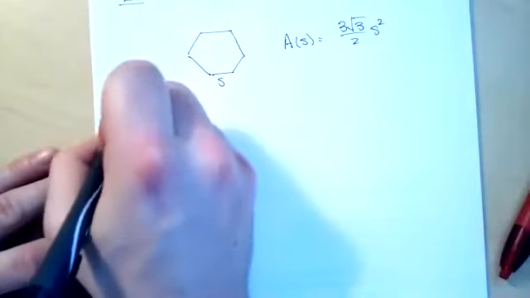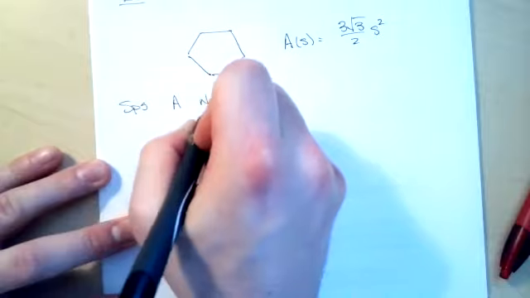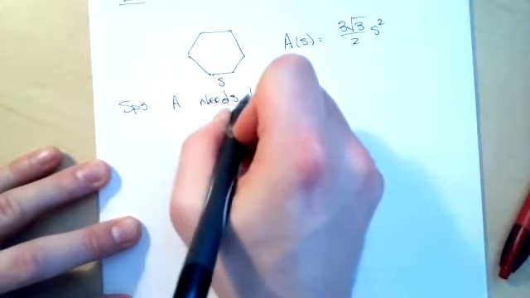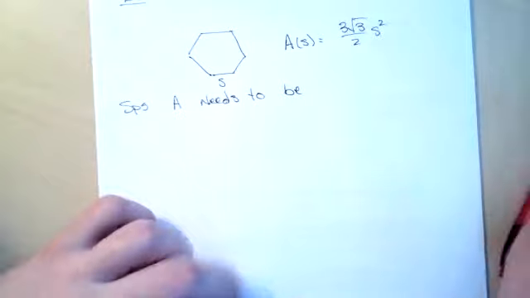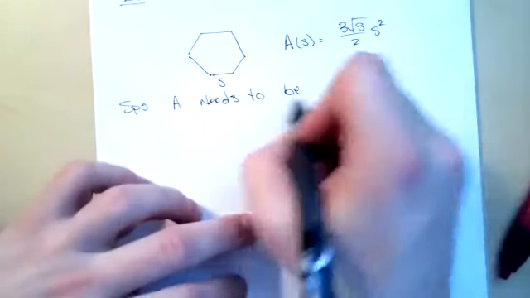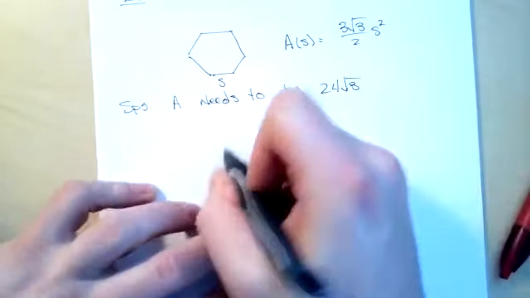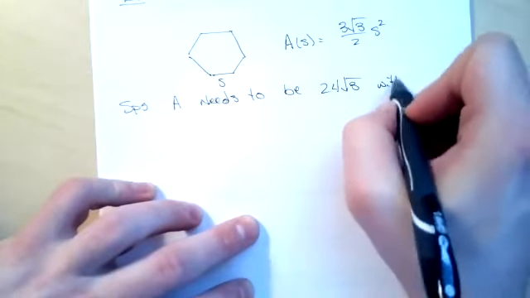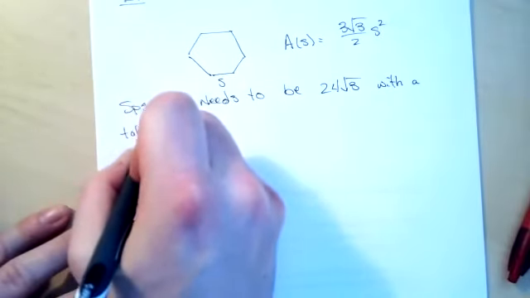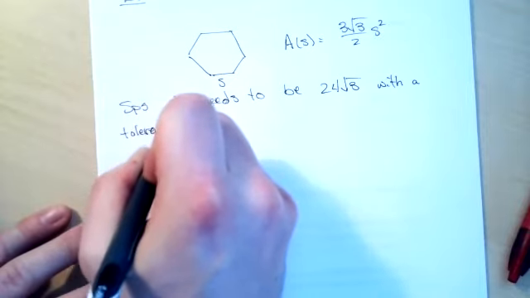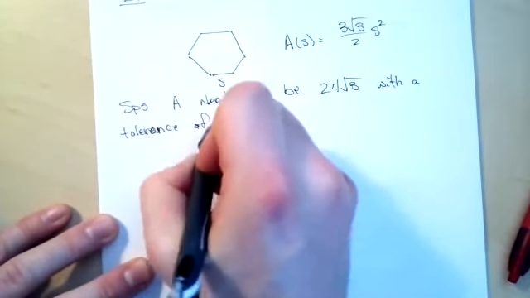Suppose that our area needs to be, let's pick a nice number, something like 24 root 3 with a tolerance of, say, 0.1.